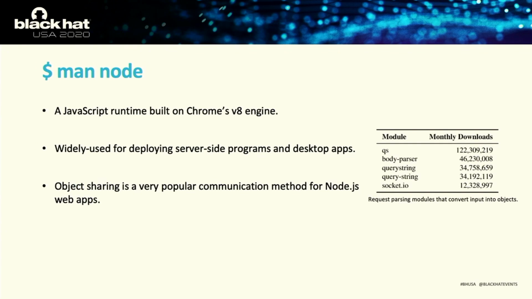For these applications, packing the communication data into object representation is really common. This feature is convenient and very powerful. With its help, Node.js applications can send or receive very complex data structures. From the monthly download statistics on the right, we can get a sense of how object sharing is supported and used by the Node.js ecosystem.